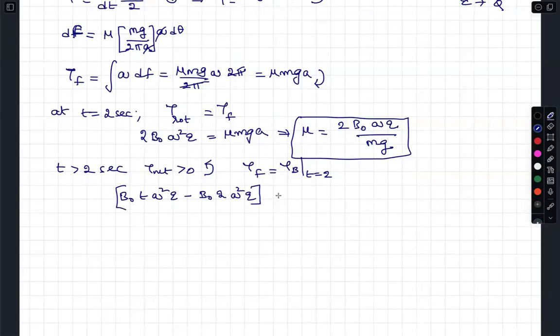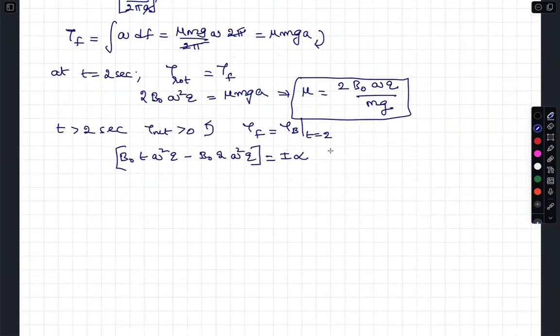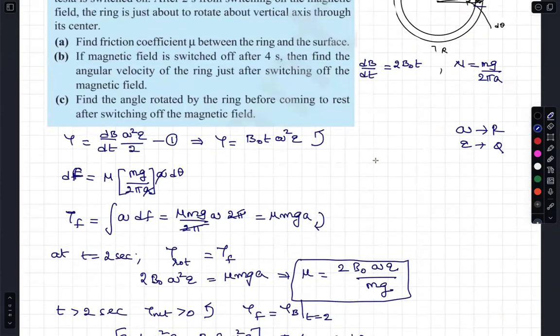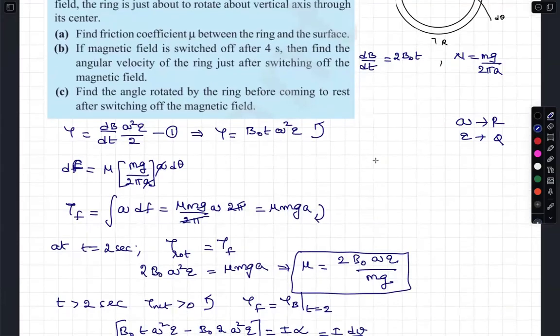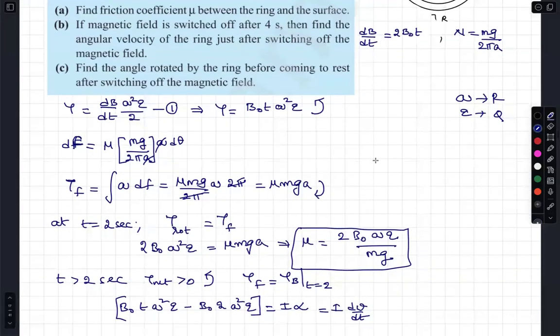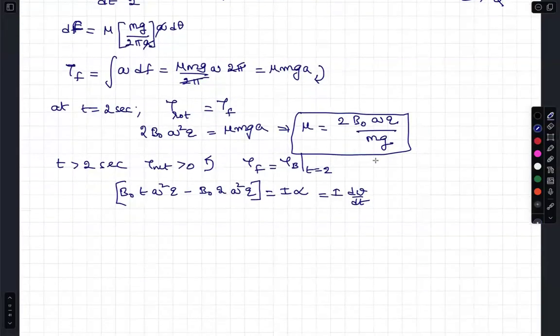And that torque is I alpha, which is I d omega by dt. Right. What do you want? Then find the angular velocity of the ring just after switching off, means at t equal to 4 seconds.